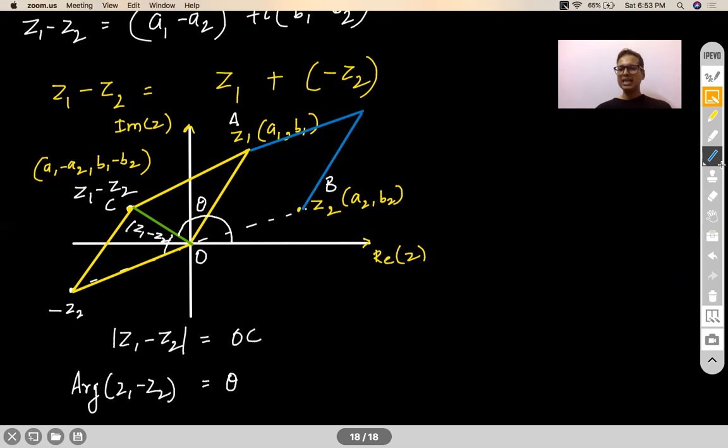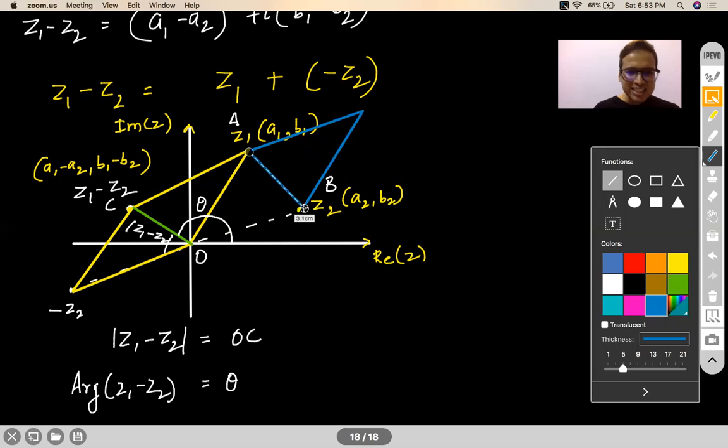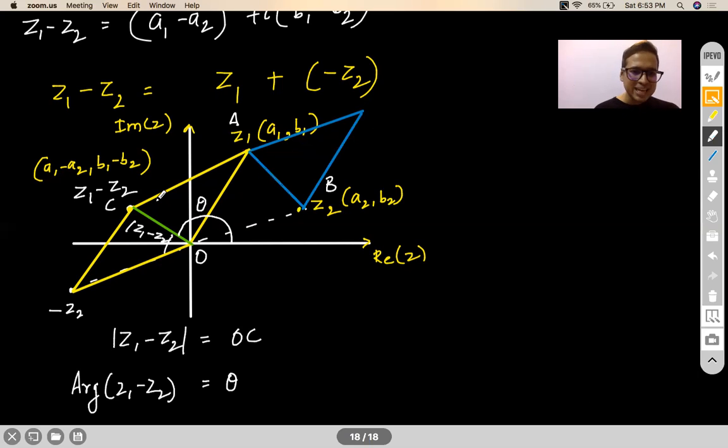Yeah. And they say, sir, this length that you see, this will be same as this length. So that means they are saying AB will be same as OC. Do you agree with it? Yes, absolutely. That conclusion is absolutely valid. AB length and OC length will be exactly equal to each other.